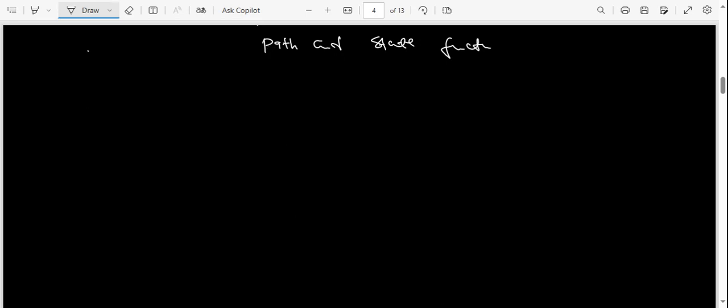So let me start with a state function. When you hear the word state function, what type of a function is this? A state function is just a property of a system that does not depend on the series of steps taken to achieve that state.